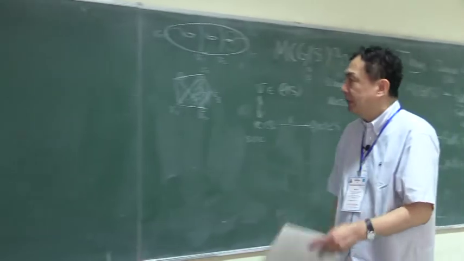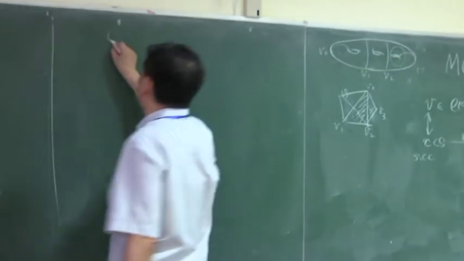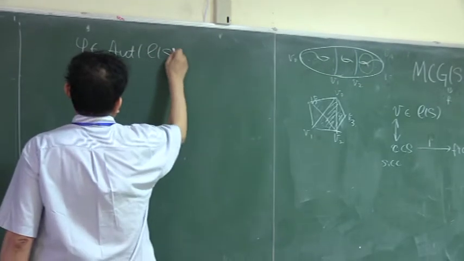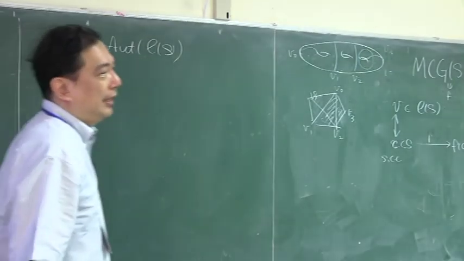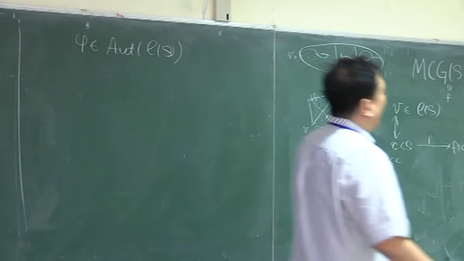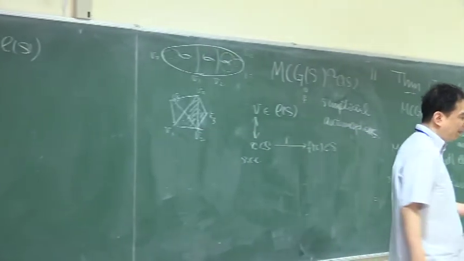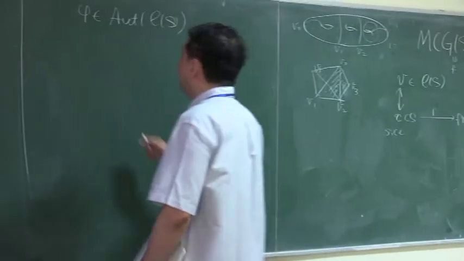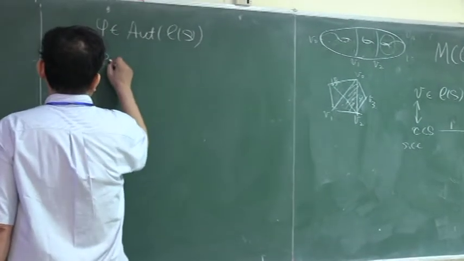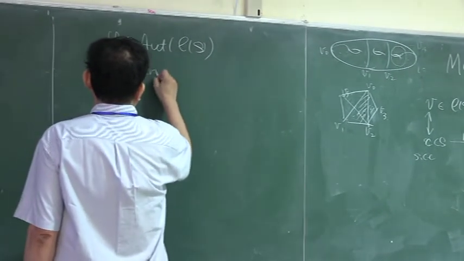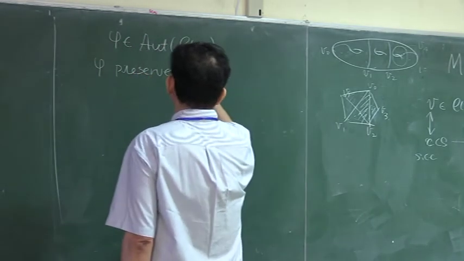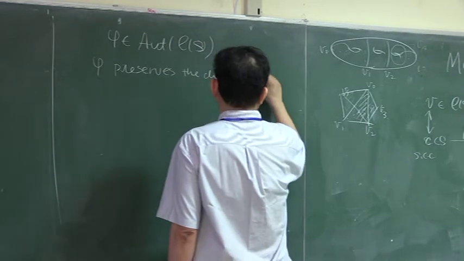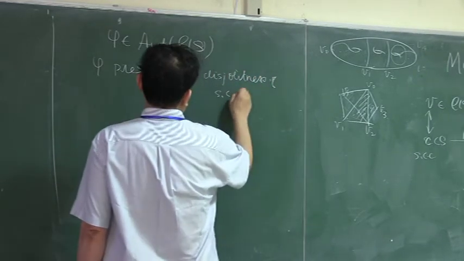So you take any simplicial automorphism of the curve complex and try to realize it by a mapping class. What we know is that phi preserves the disjointness of simple closed curves.